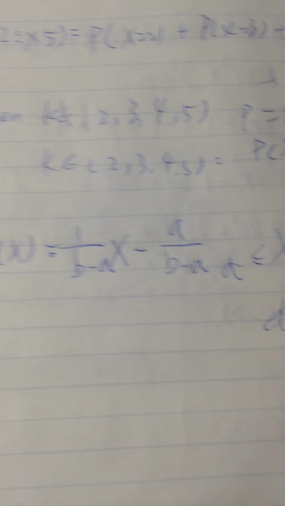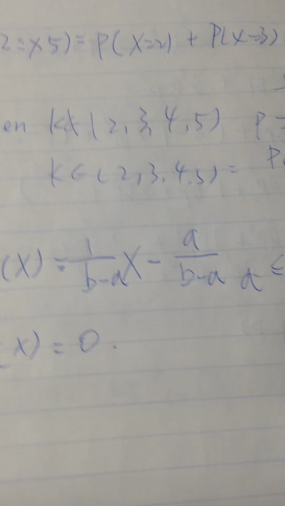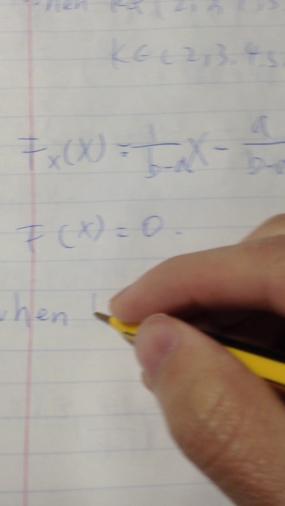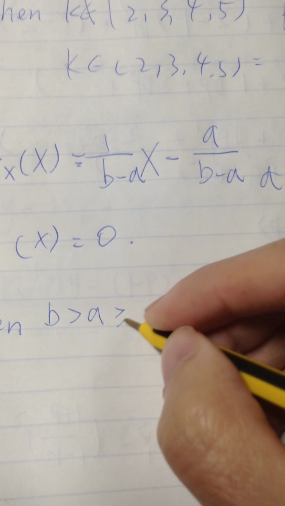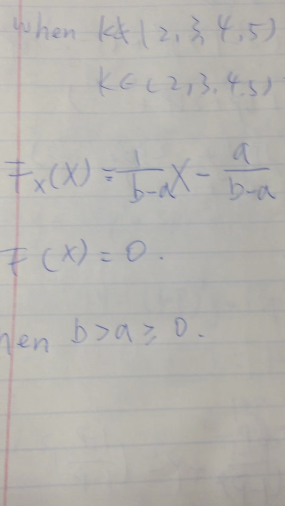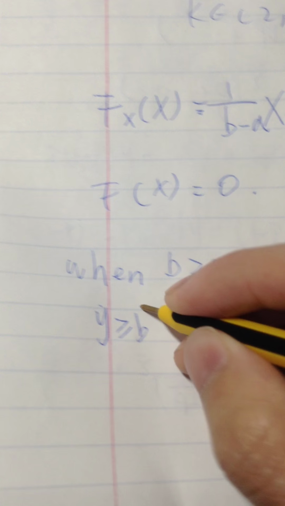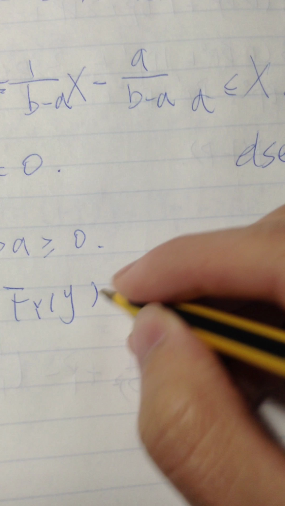Else, fx equals 0. Then we suppose that b is bigger than a and bigger than 0. So when y is bigger than b squared, the fy(y) equals 1.